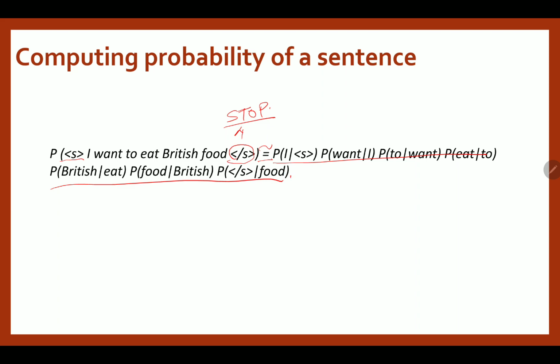But if it is a trigram model, then the first term would be written as the probability of I given star, this special symbol, or you can say star star, it's the same.